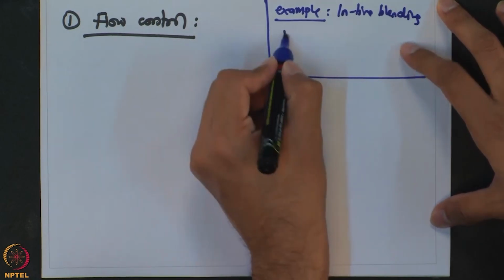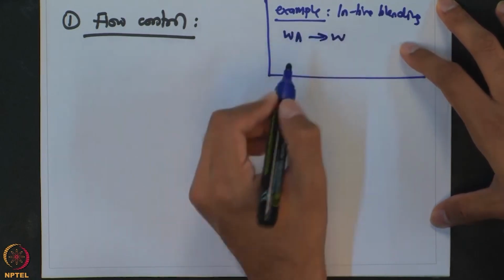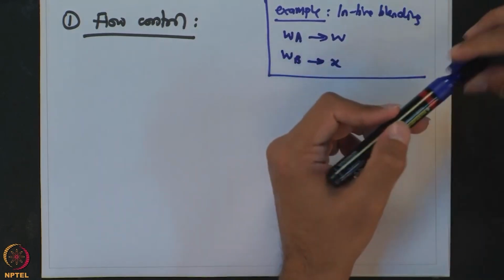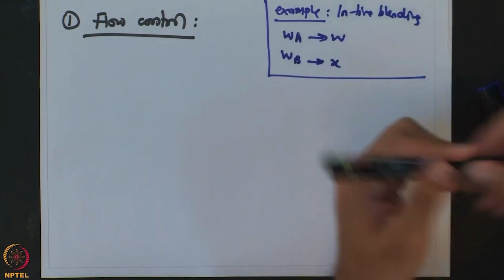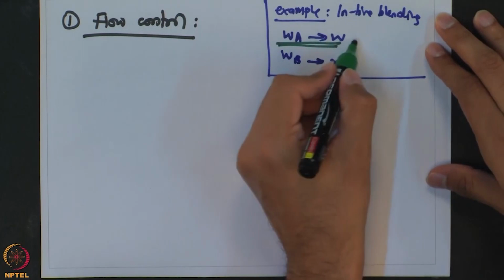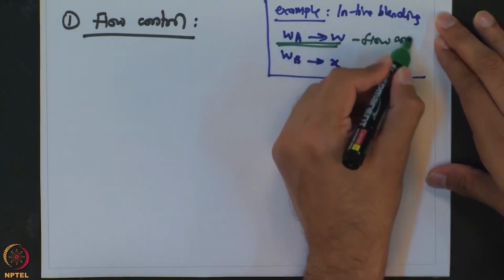One of those was this controller 1, which requires you to control the outlet flow. So this is a flow controller.